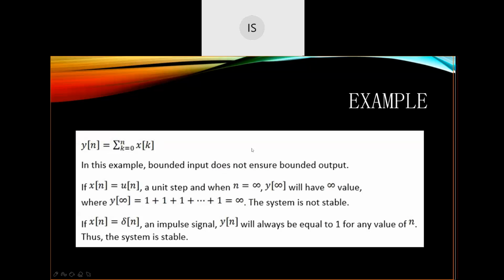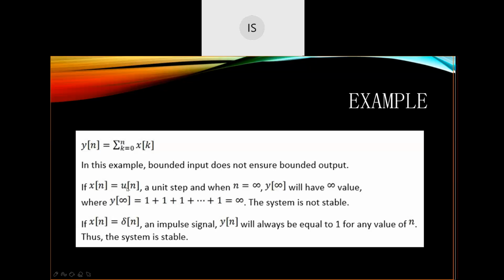This is an example for stability, which is y[n] = sum of x[k]. In the example, bounded input does not ensure bounded output.